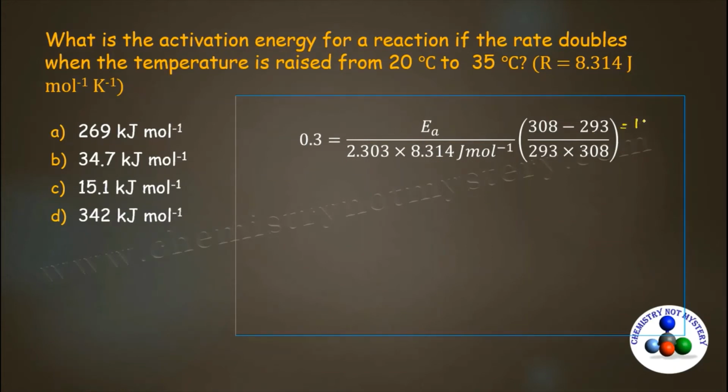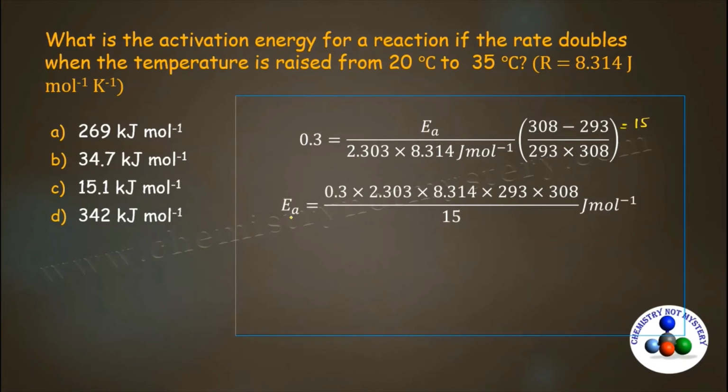So here this will be equal to 15. Now rearrange this equation to get the value of EA. So you will get EA will be equal to 0.3 into 2.303 multiplied by 8.314 multiplied by 293 multiplied by 308 divided by 15 joule per mole.